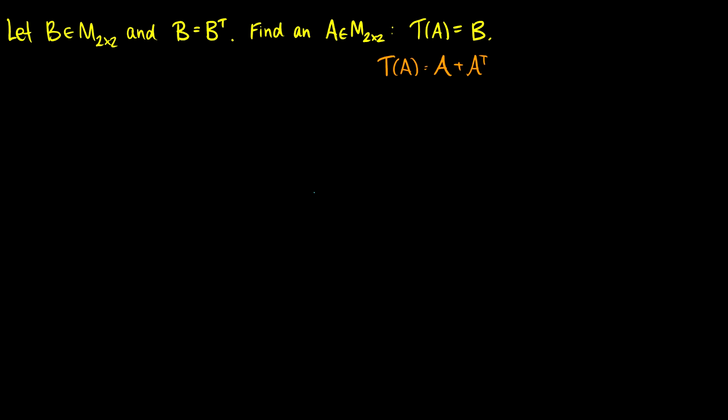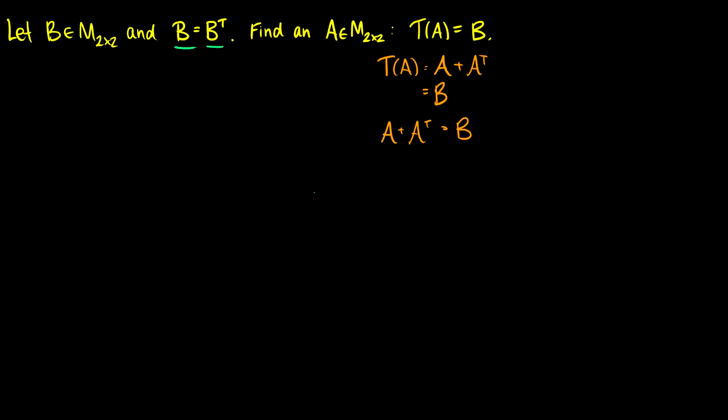So essentially I want the transformation of A to equal B. This means that A plus A transpose has to equal B. But I'm also given the information that B is equal to B transpose.